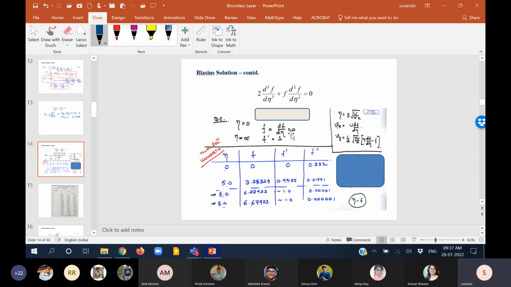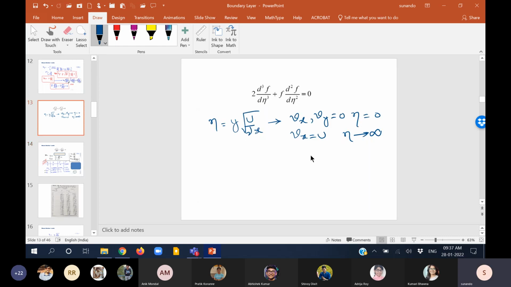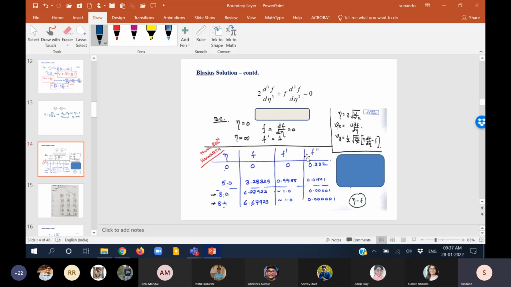But can you say that df d eta equals 0 at eta equals 0? Anyone help me? Just identify why df d eta is equal to 0 at eta equals 0. Anyone who can see how df d eta is connected with the physical parameters would be able to tell me why it is so. How can I write this expression?